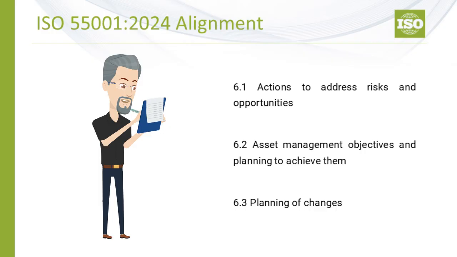And 6.3, planning of changes. This is recently introduced into the international standard and other management system standards for that matter. But not just talking about getting from point A to point B. Are we prepared? Are we ready to do so?